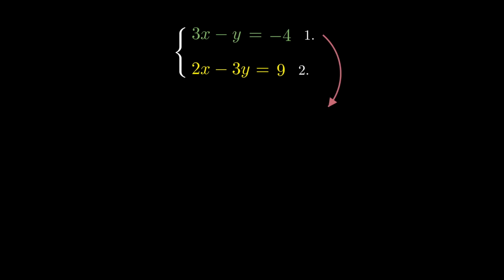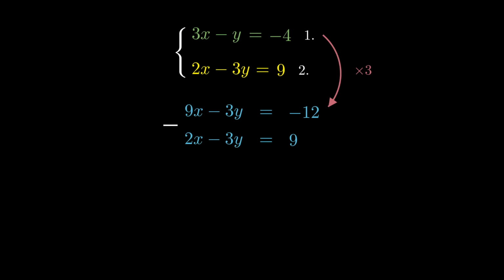The first step that we will do is multiply equation number 1 by 3. So we do 3x times 3 to get 9x, minus y times 3 to get minus 3y, and minus 4 times 3 to get minus 12. Now, as we got this equation, we can subtract this equation from equation number 2. So we write down the equation again, 2x minus 3y is equal to 9.